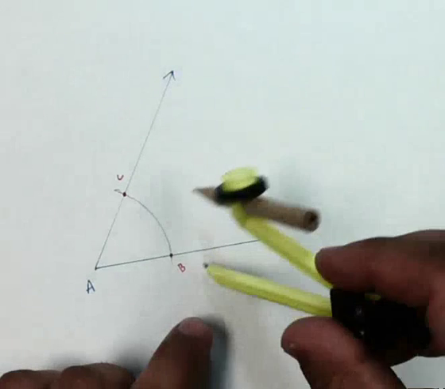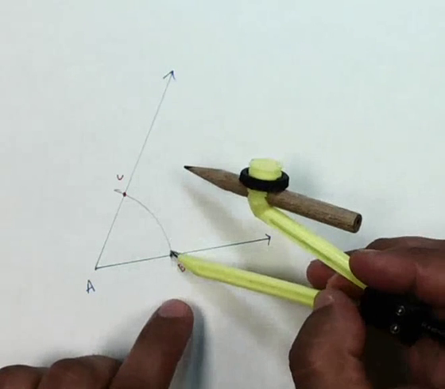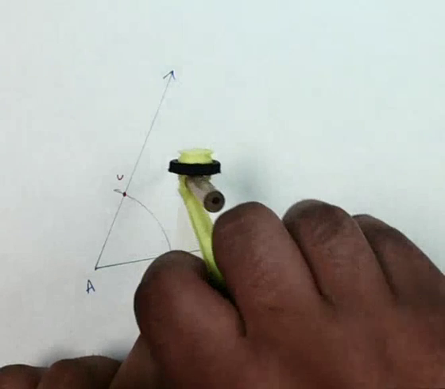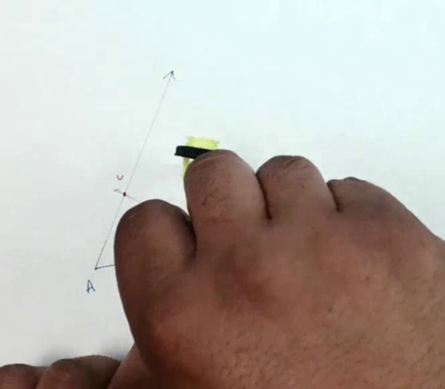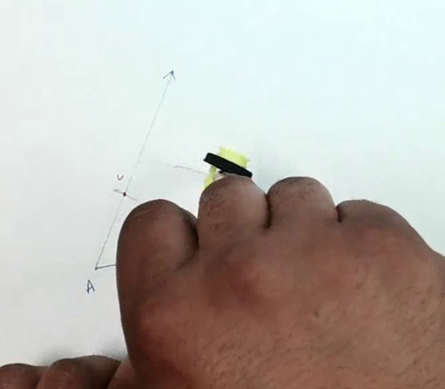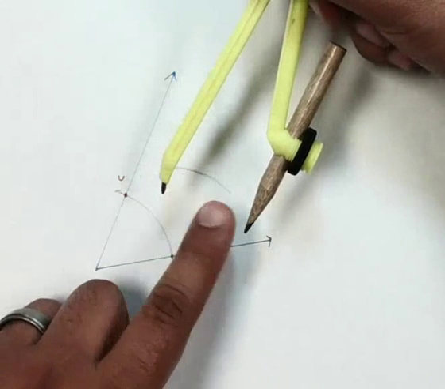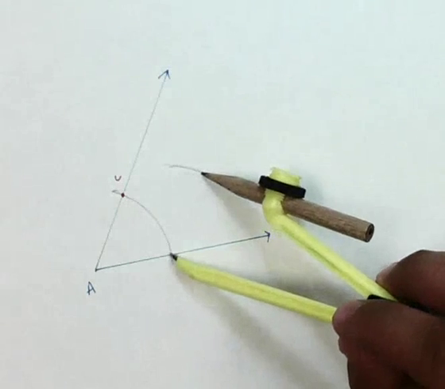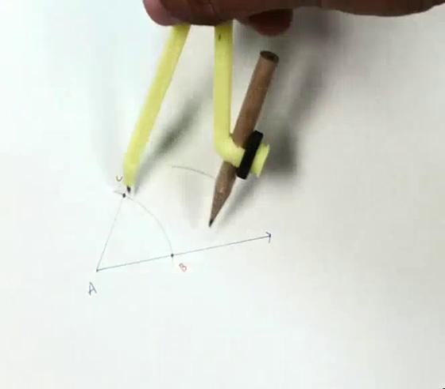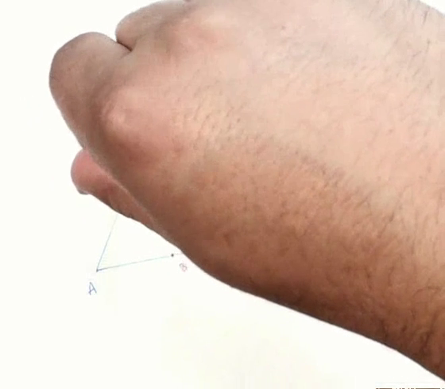Now I want to put my compass at point B and make an arc at B. Then, without moving the space between the pivot and the pencil, so I need to check that I didn't move it, I want to do the same thing, but this time we're going to flip it and put the metal tip at C, and make another arc like so.